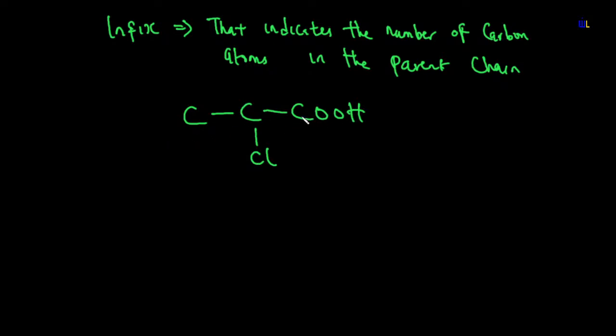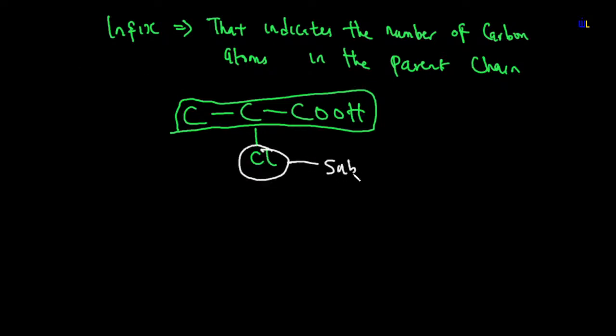Any other carbon atom attached to the carboxylic group automatically becomes part of the parent chain. So if I circle this out, this is my parent chain, while this particular one is a substituent.